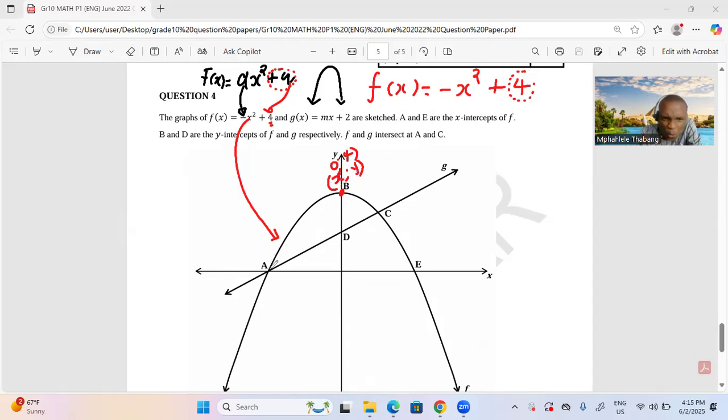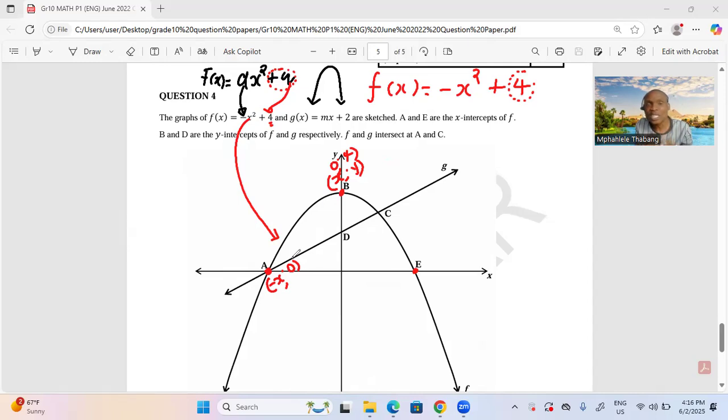Okay, so what about this point A and the point E? On the point A, the y-coordinate there is 0. So I will just say negative x and 0. The coordinates of A are a negative certain value of x, and we know that the y-coordinate is going to be 0.